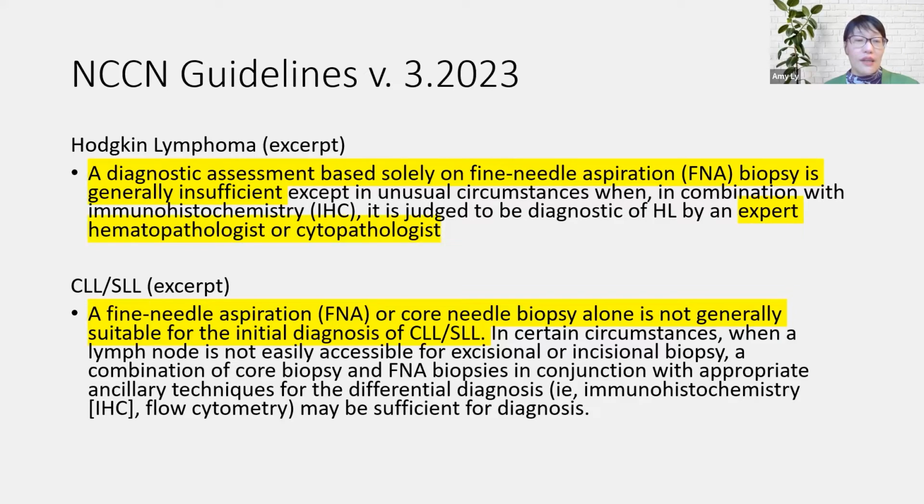It flows like CLL. There's peripheral lymphocytosis that also flows like CLL. But even in this very low-hanging fruit type of scenario, CLL, the small volume biopsies are still very much discouraged by the NCCN guidelines.